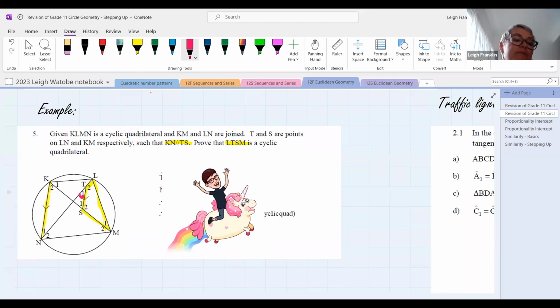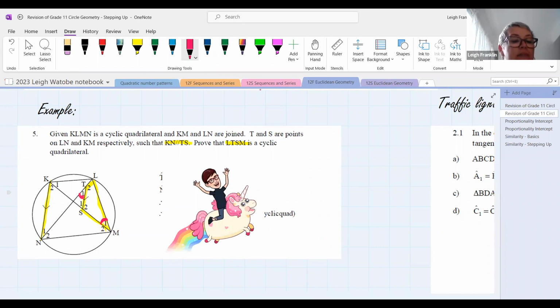What must T1 equal in order to prove that the quad is cyclic? Anybody got any idea? There we go, M1, quite right. Okay, it has to be equal to M1.